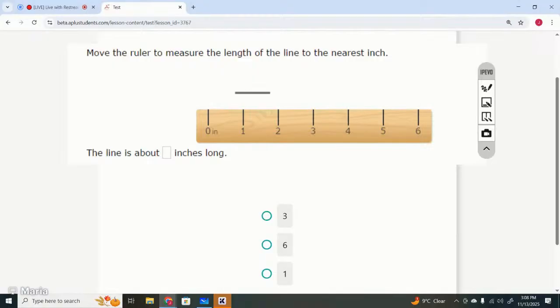Move the ruler to measure the length of the line to the nearest inch.